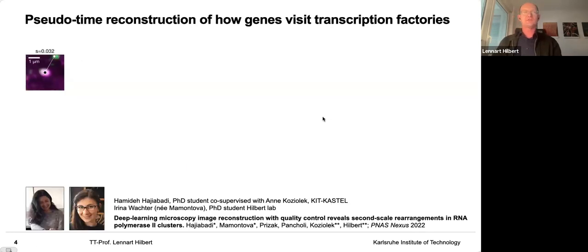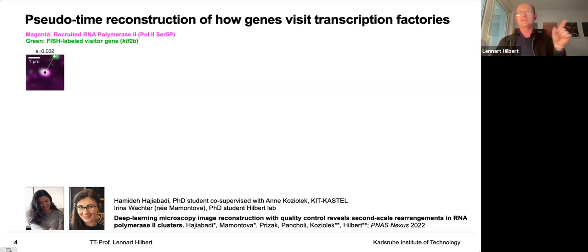What we can also see, and we as in the lead, two PhD students from our lab, Hamide and Irina, is that you can actually reconstruct from fixed cell images. If you use the so-called pseudo-time reconstruction approach, you can reconstruct how a gene visits such a cluster.